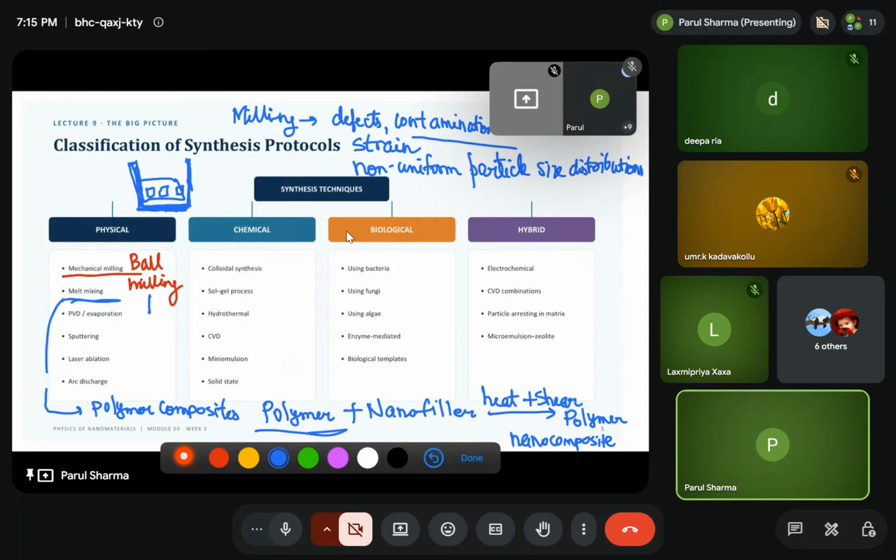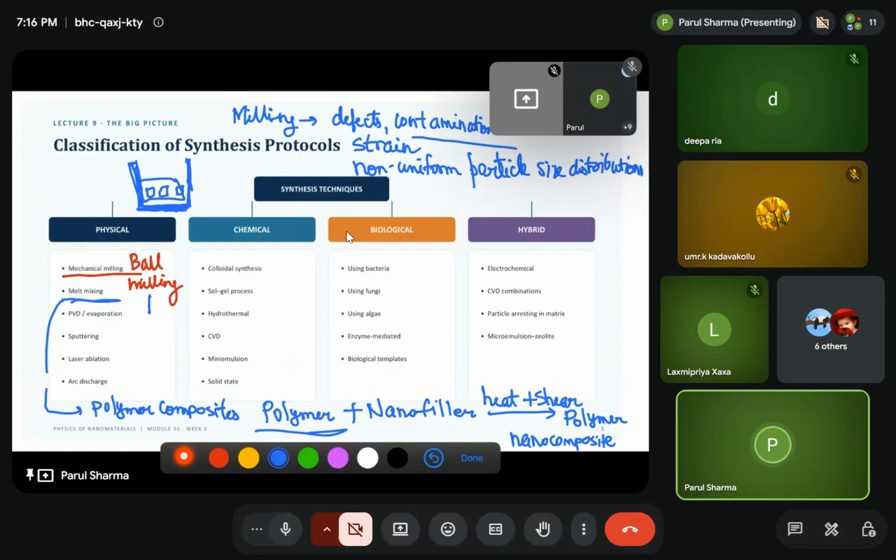Then nanoparticles or nanofillers are introduced into this molten polymer, and the mixture is subjected to mechanical shear using equipment such as an internal mixer or a twin screw extruder. There are some equipments for the mixing.